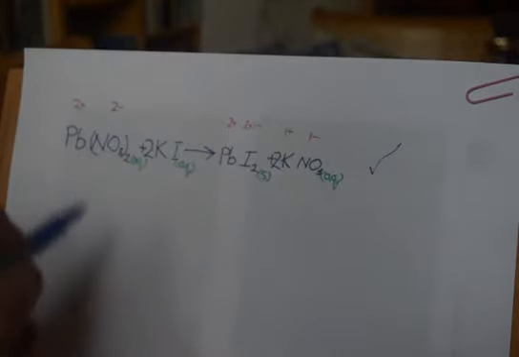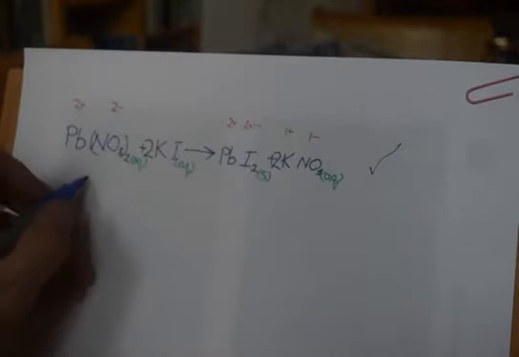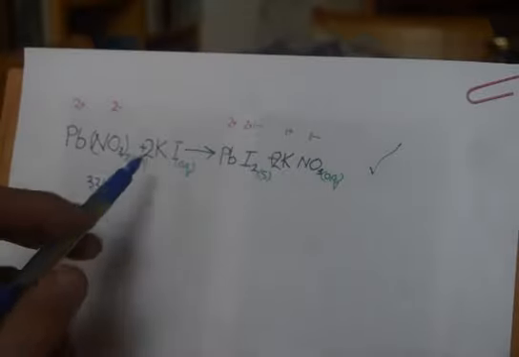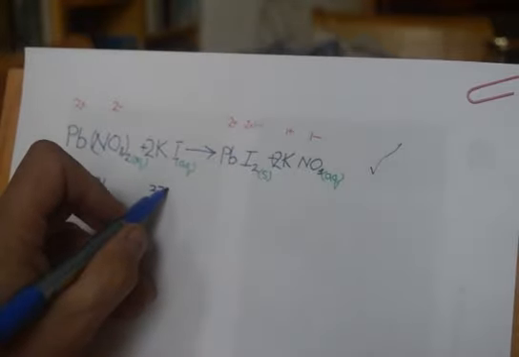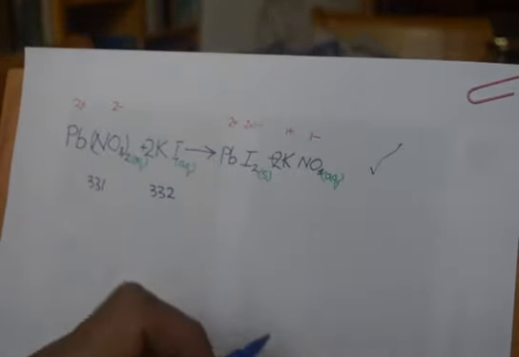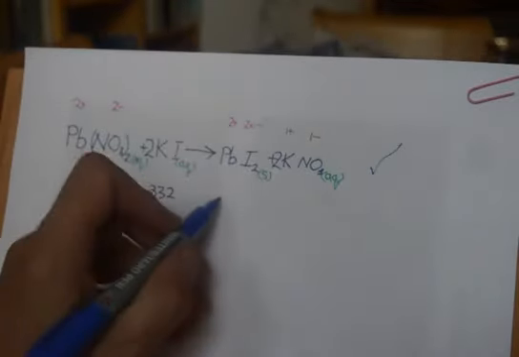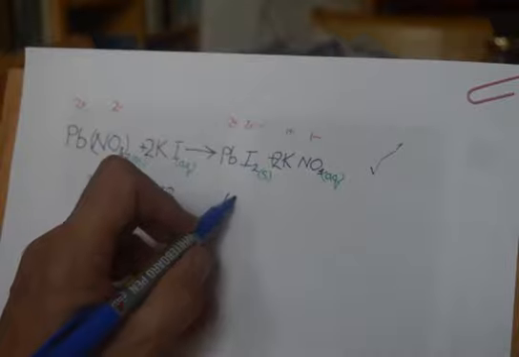But we know that the atomic mass of lead nitrate is 331. That's a molar mass. And of potassium iodide, that is 332. And of lead iodide, that's 461.